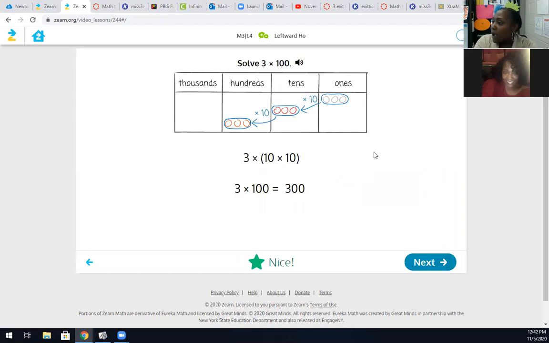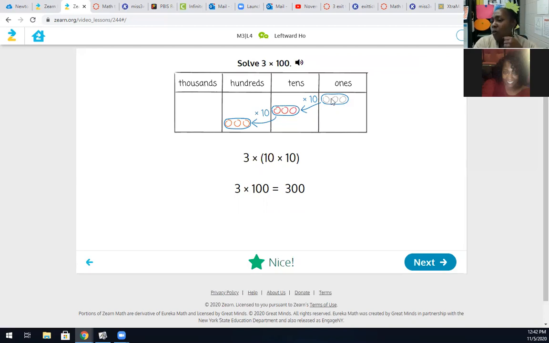We multiplied 3 times 10, and then by 10 more moved us into another place value. Look at that. 3 times 10 times 10. What's 10 times 10? 100. So we have 3 times 100 equals 300.